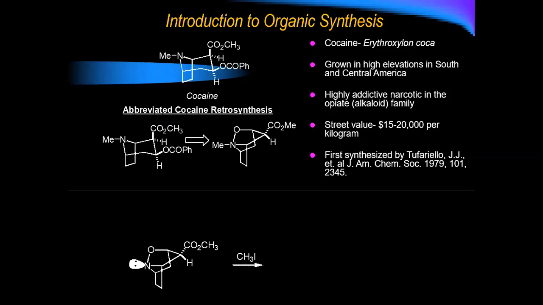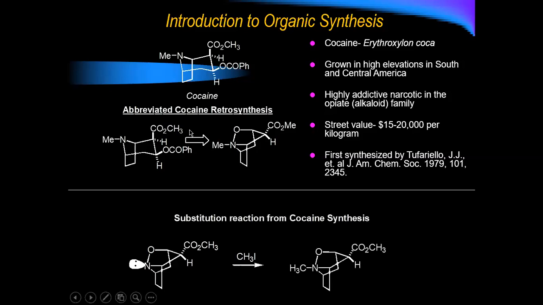So the abbreviated retrosynthesis is shown here, and I actually have a handout that I'm going to post with these steps on it. So this is cocaine and this is the precursor to it.